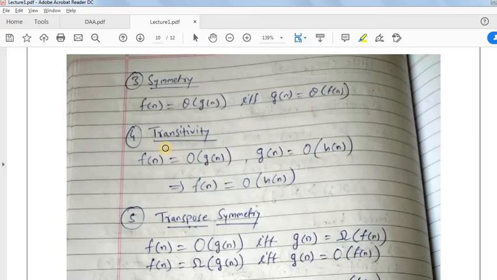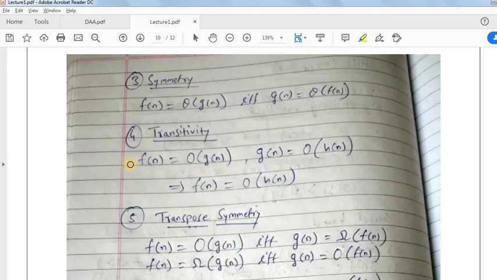If we have three functions f of n, g of n, h of n with relations f of n is equal to big O of g of n, and g of n is equal to big O of h of n, then I can deduce a relationship between f of n and h of n as f of n is equal to big O of h of n. The same property will hold true for omega and theta notations.